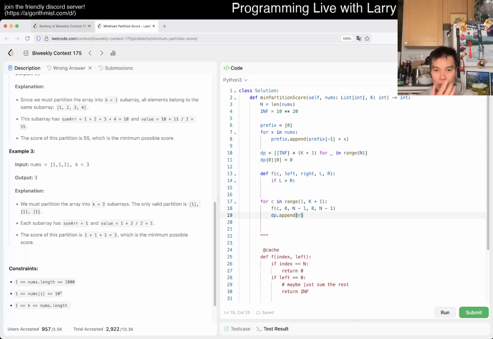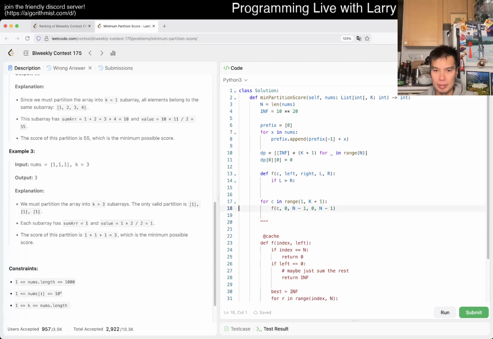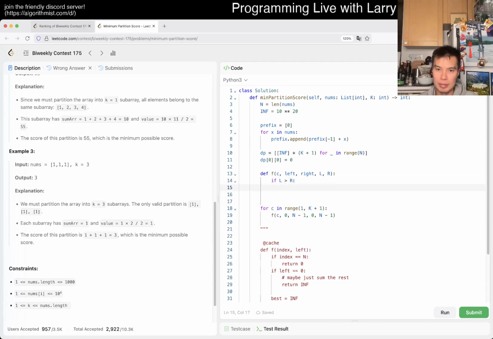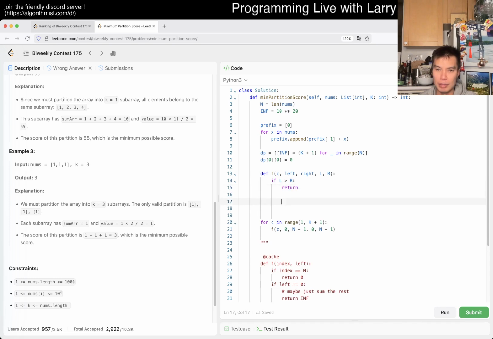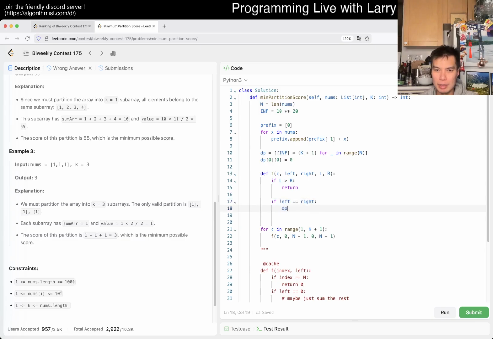My hands are getting so cold, honestly. We want to fill out: if left is equal to right, then we have one element, then what do we set it to?